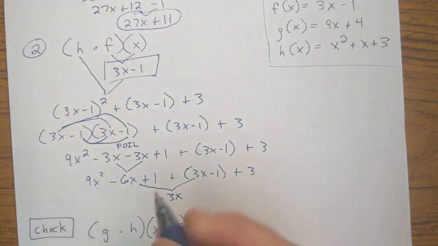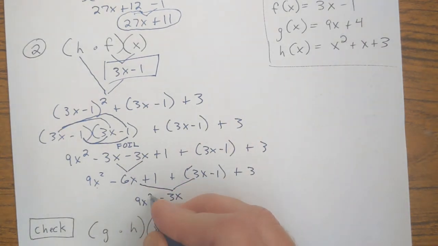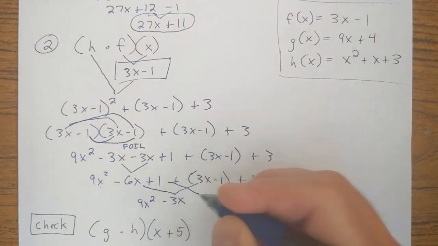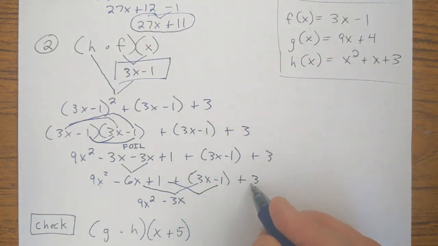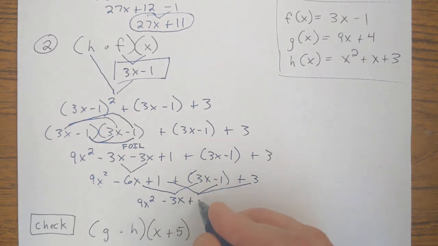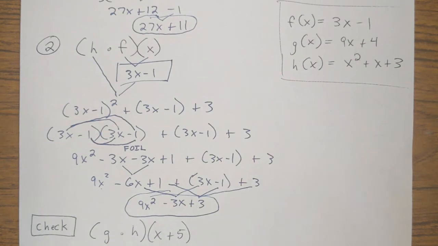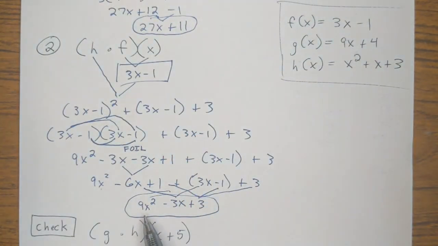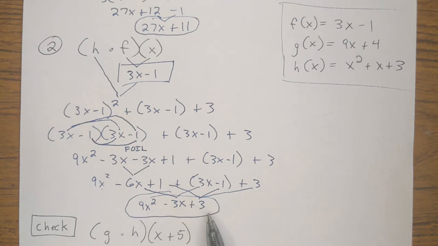My 9x squared at the beginning has nothing to combine with. It's just going to stay a 9x squared. But my negative 6x plus 3x is negative 3x. I'm going to write minus 3x. And then I have a 1 minus a 1 plus a 3. That comes out to positive 3. So final answer, h of f of x is 9x squared minus 3x plus 3.